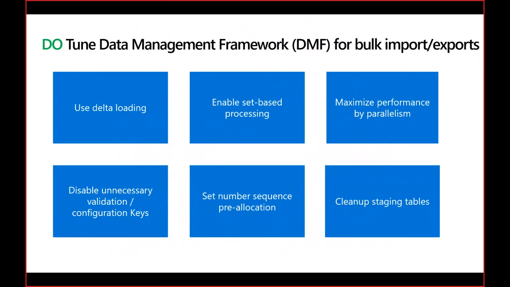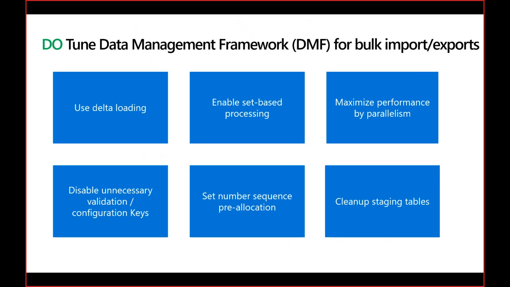The first one is regarding the data management framework, the DMF, for bulk imports and exports. What we see here is that a lot of times it's used in the correct way, but a lot of times also some specific tuning actions are forgotten.